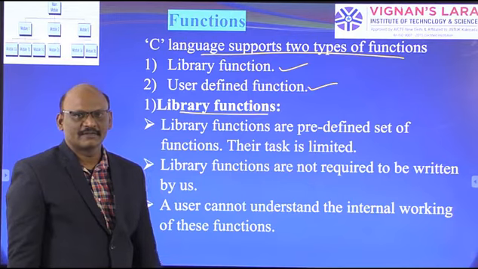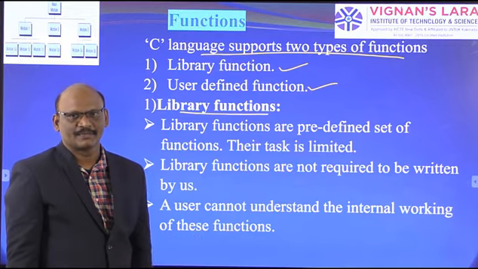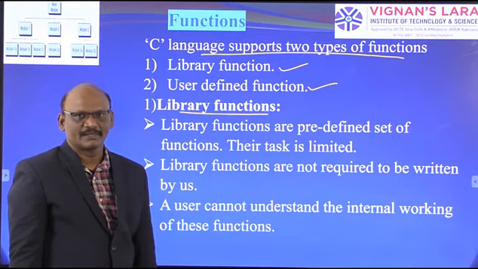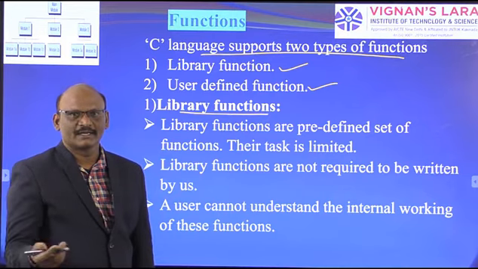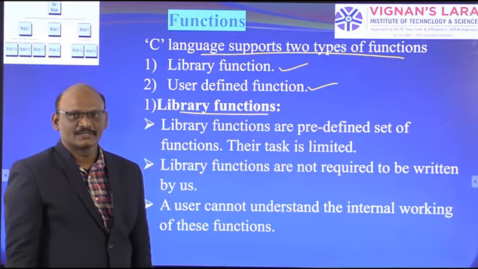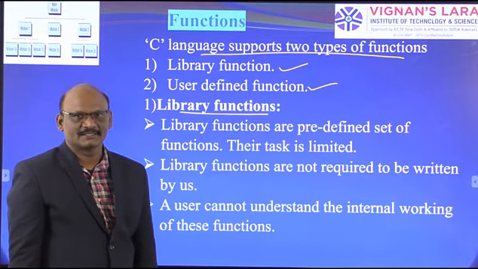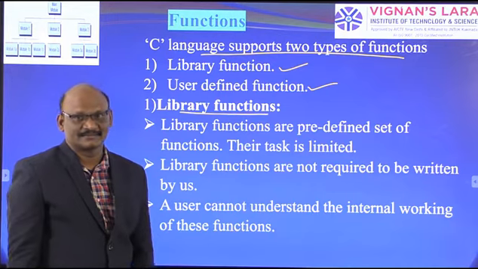So library functions are nothing but the functions which are available in the library. We can just use them. We are not editing them. We are not writing the code for them. Coming to user-defined functions, they are just like a notebook. In a notebook, you can write and read. In a similar way, user-defined functions must be created by us, whereas library functions are created by the designer.